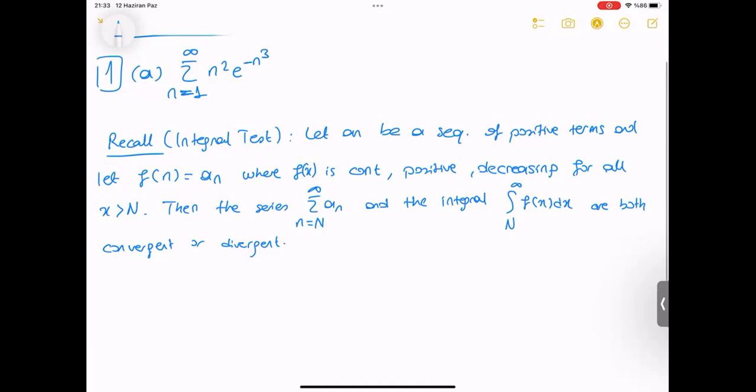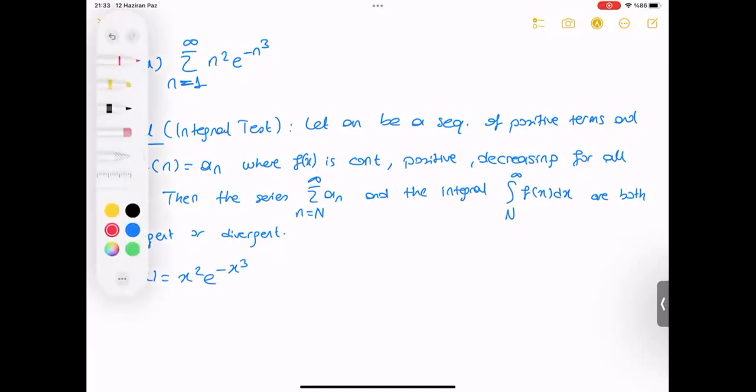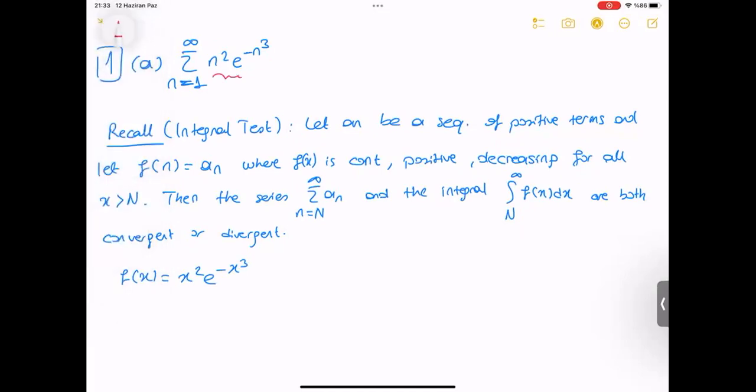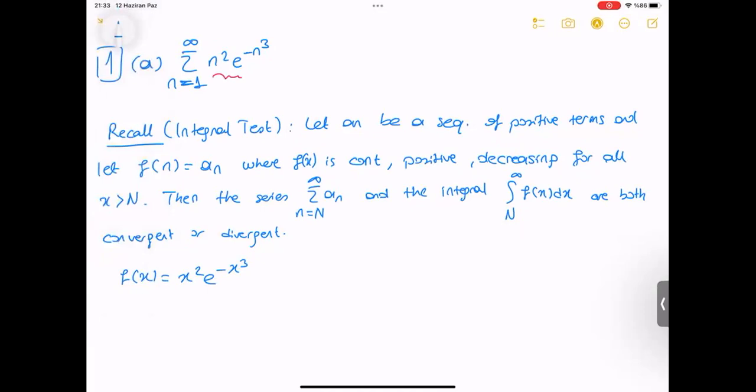So let's define f of x to be x squared e to the minus x cubed, because we want the image of natural numbers to be the terms in the series. So we need to define that function with respect to those terms.